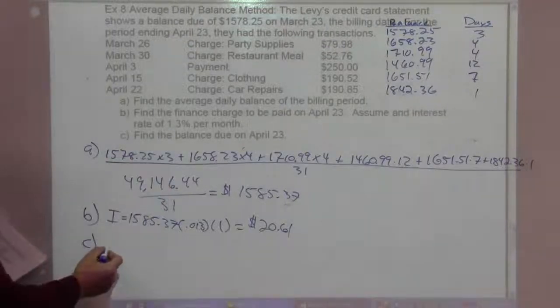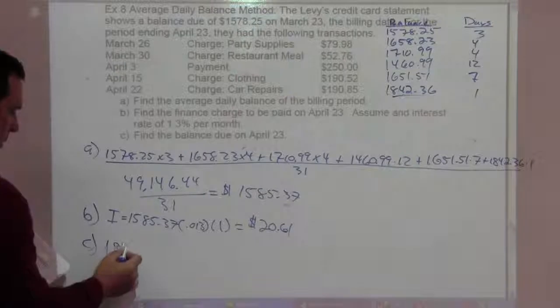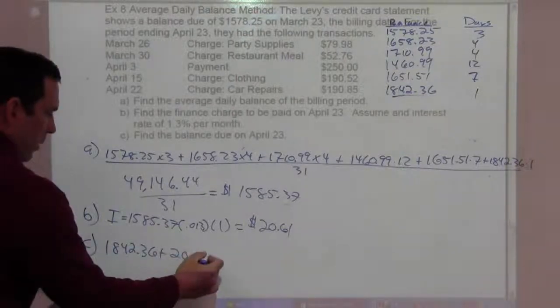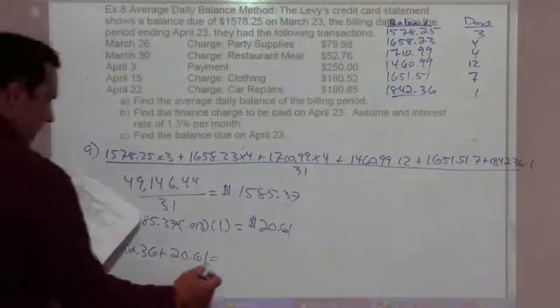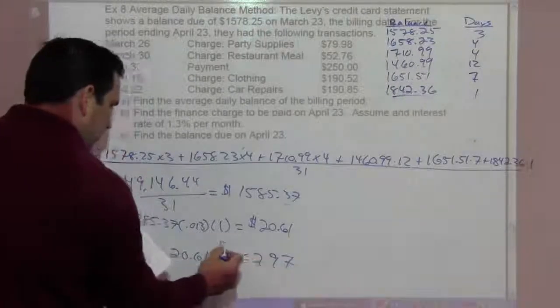So find the new balance. It's where we left off up here, $1,842.36 plus the $20.61, and that's going to give us $1,862.97.